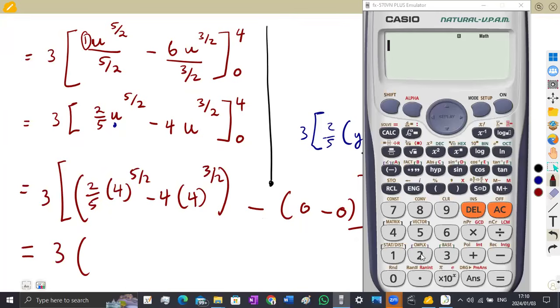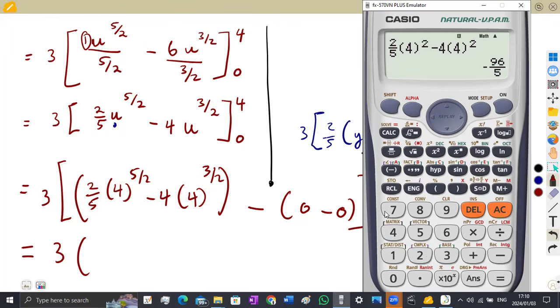But it's fine for revision, guys. 2 over 5 into 4 to the exponent of 5 over 2, minus 4 into 4 to the exponent of 3 over 2. That's it. Let's hope I do not miss anything there.